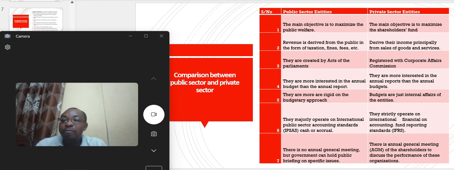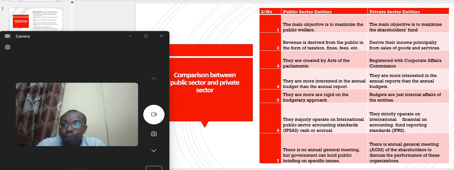That's where all their shareholders will gather together with the management of the organization to deliberate on the activities of the organization. But in the public sector, there's nothing like an annual general meeting. Rather, government may hold a public briefing.